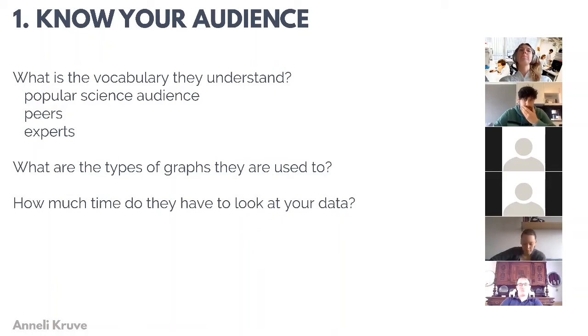Because for example, I think the simplest difference in chemistry would be between analytical chemists and biochemists. So biochemists, for example, use very much box and whisker charts. Maybe you have seen them also in the biochemistry course as well. But analytical chemists almost never use this kind of charts. So you would need to know what kind of charts and what kind of visualizations the people you are communicating to are used to.